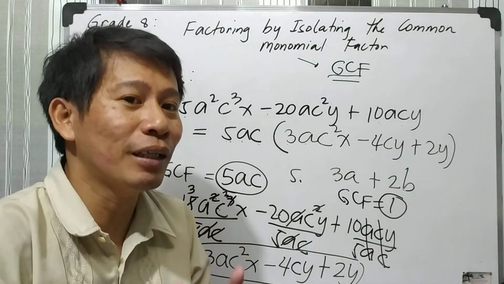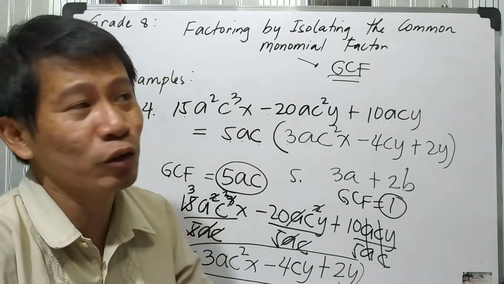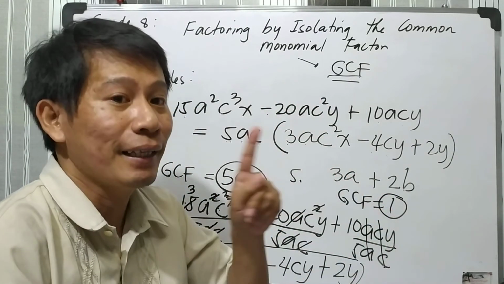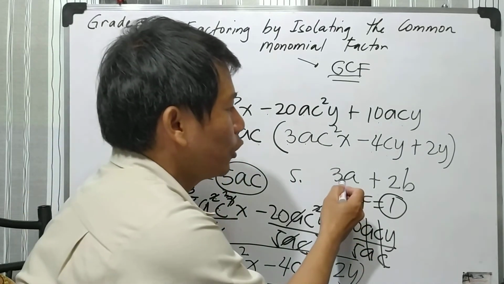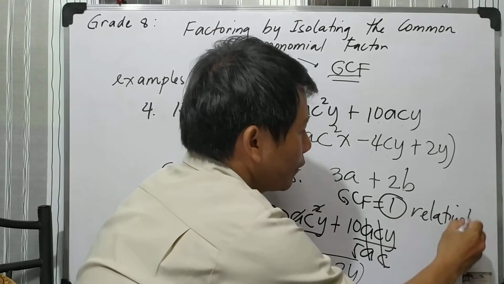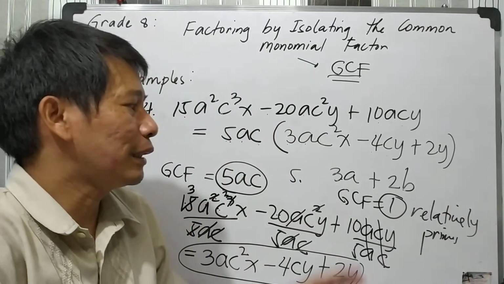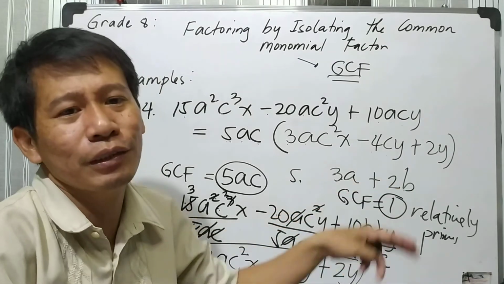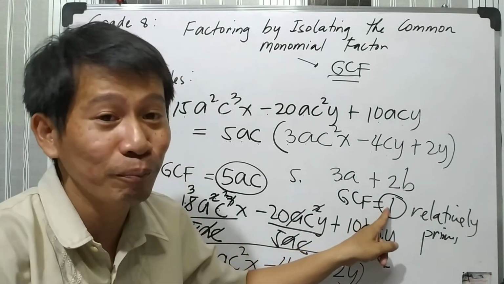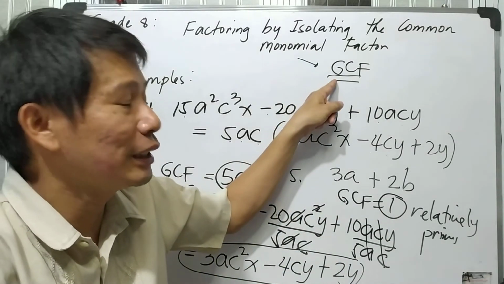So if the GCF or the largest common monomial factor of all your terms is 1, that means that your terms are relatively prime. Okay? Pag sinabi nating relatively prime, the GCF is 1. And if the GCF is 1, you cannot factor this out by GCF.